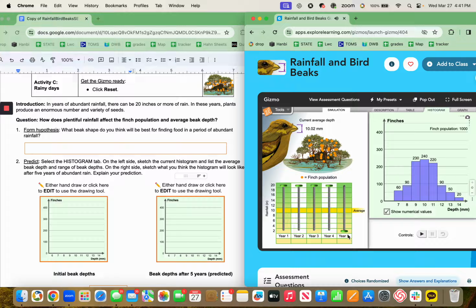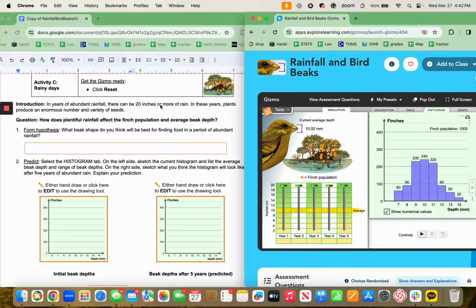What do you think is going to happen when there is lots of rain? How do you think that's going to affect the beak depth of the finches? Which finches are going to survive and be able to eat food and reproduce and pass their beak size on to their offspring? Here it gives you a little bit more information.